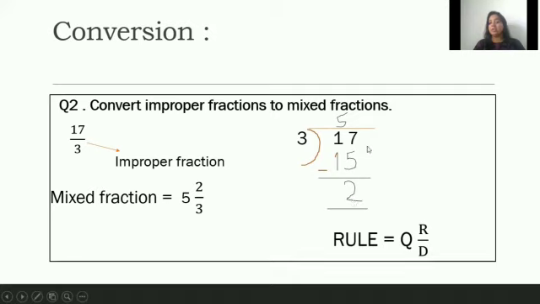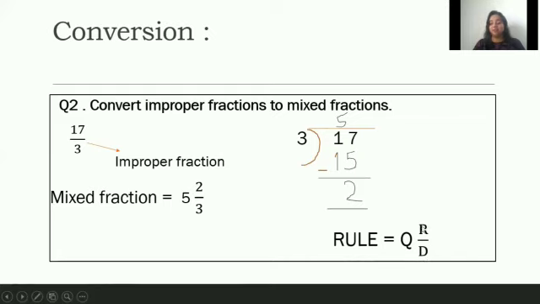Now, just do a quick revision. What is the quotient here? This 5. What is the remainder? This 2. What is the divisor? This 3. And what is the dividend here? 17. So remember this rule: quotient as a whole and a fraction where the remainder will be written in the numerator and divisor will be written in the denominator.